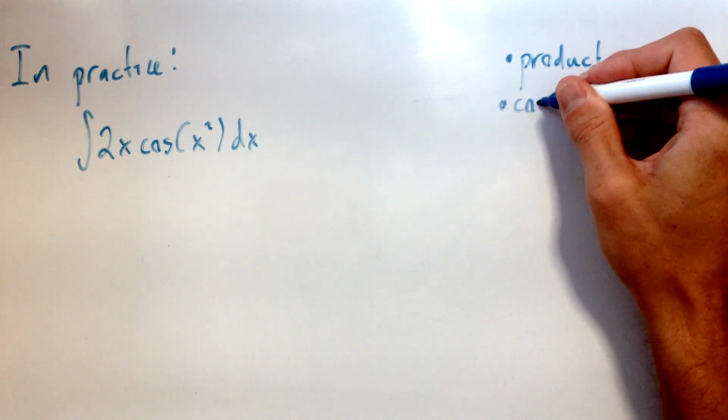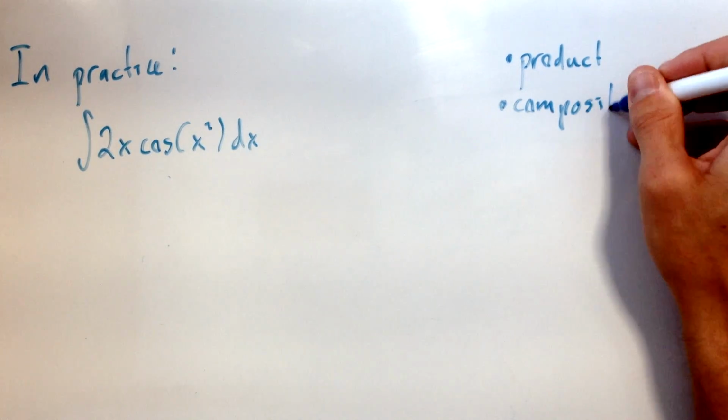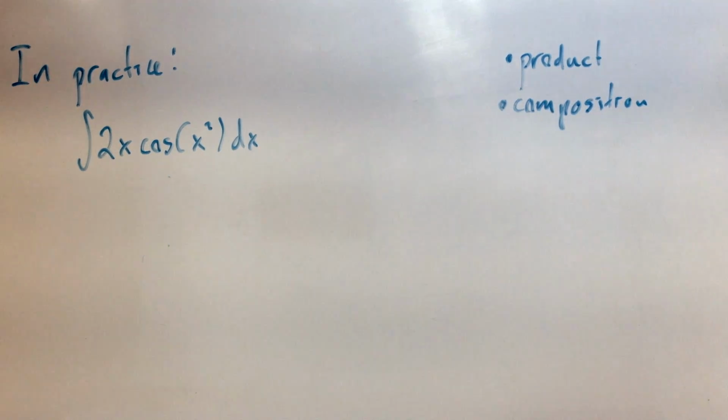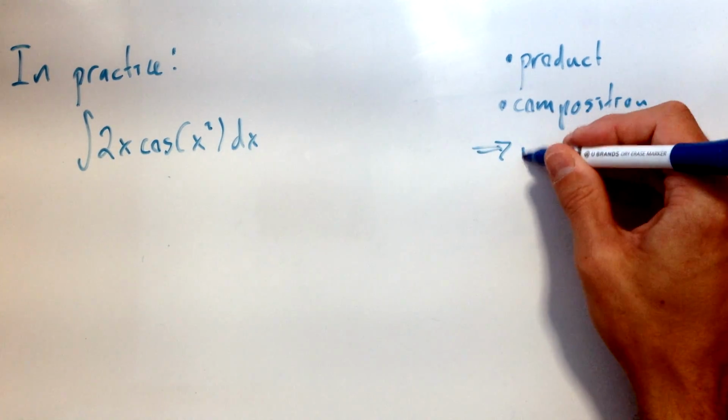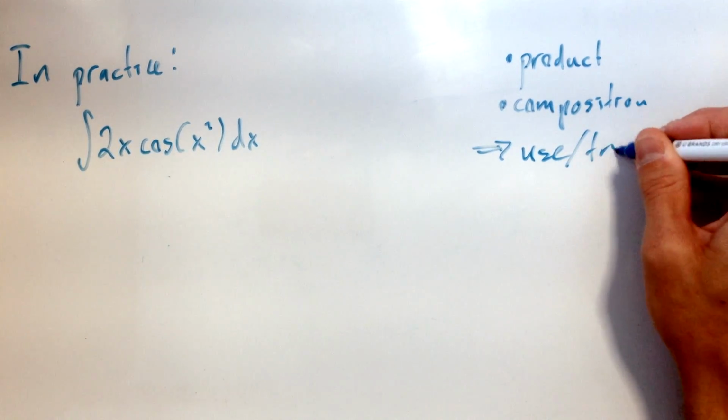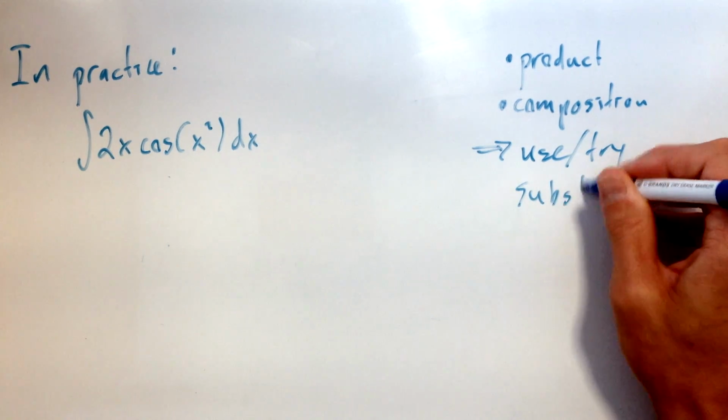And also I see composition. And really, when you see composition, substitution is more or less always the game. So these two things that I see tell me to use, or at least try, substitution.